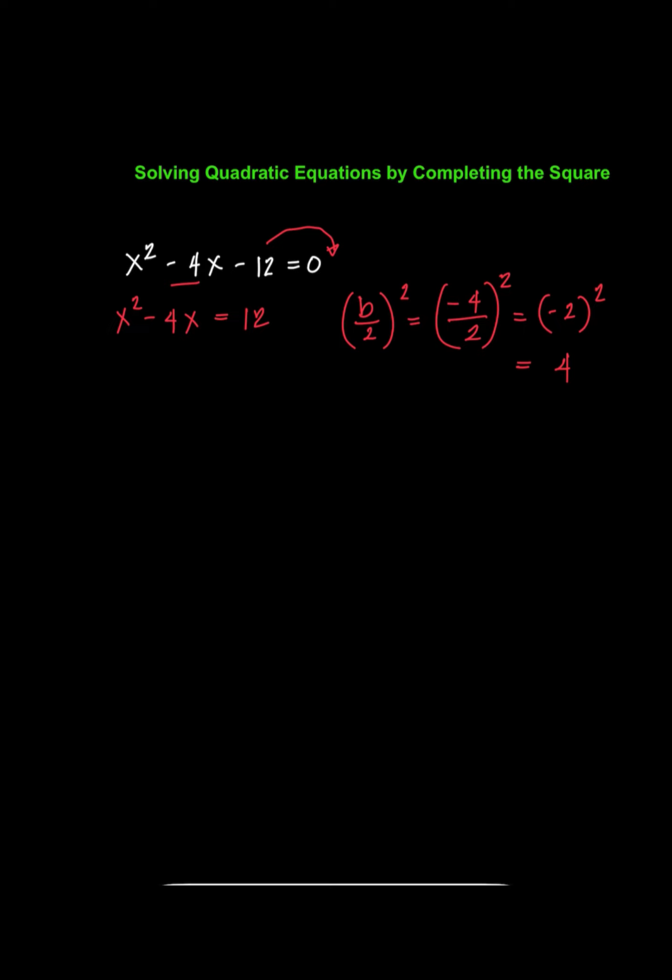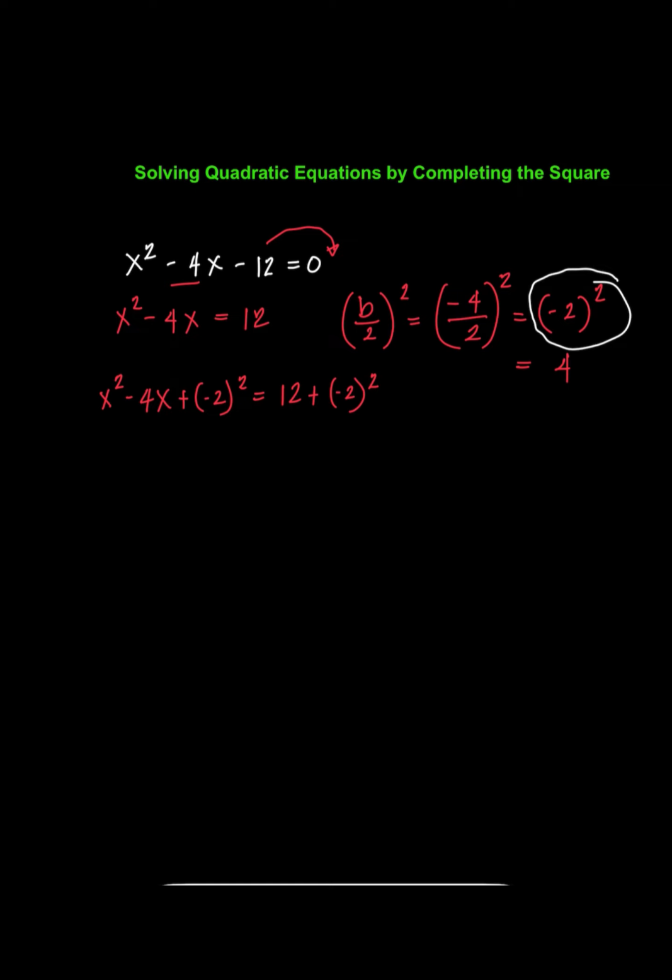Okay? So, in this case, pwede na natin gamitin to na i-add sa equation. So, i-add natin siya. So, x squared minus 4x plus negative 2 squared equal to 12 plus negative 2 squared. Okay?